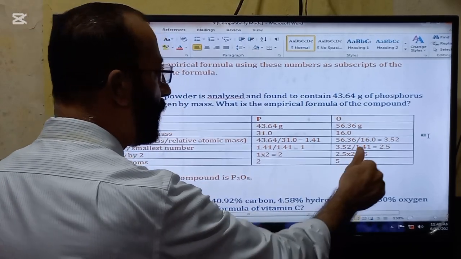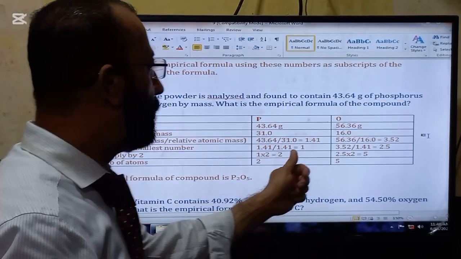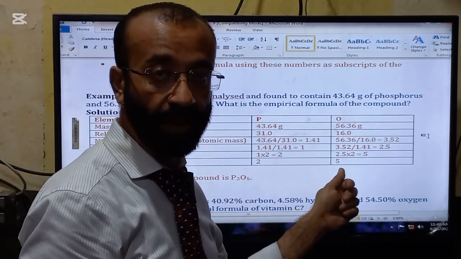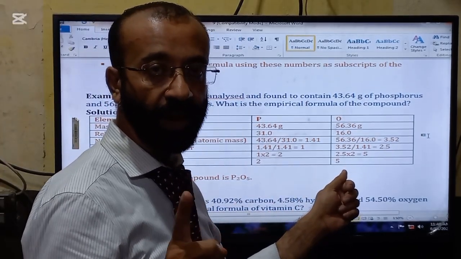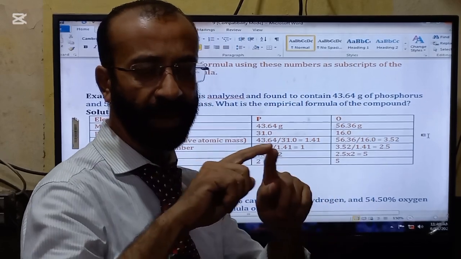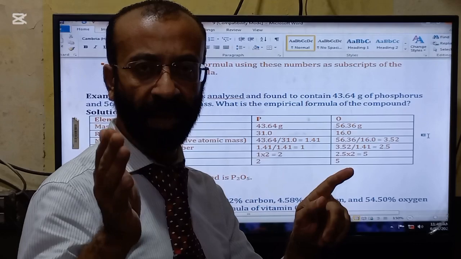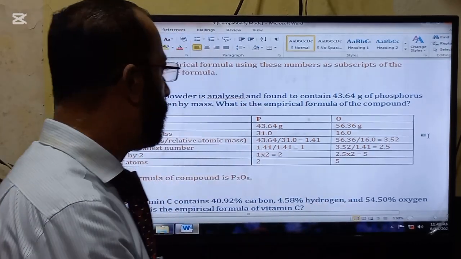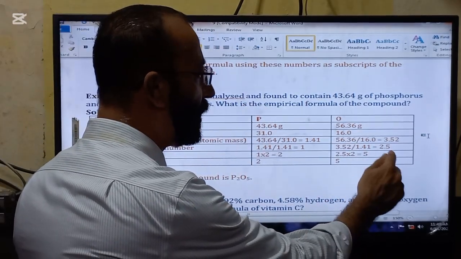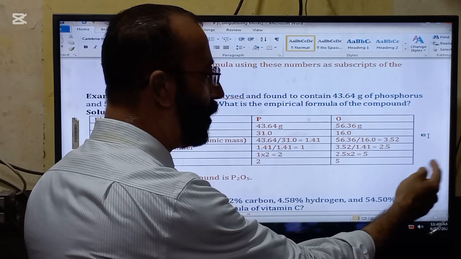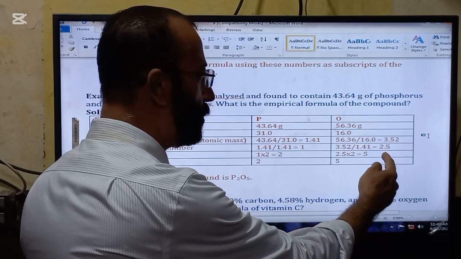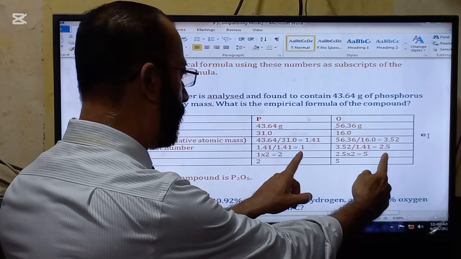At this step, you may see the numbers are not whole numbers. If the numbers are not whole numbers, multiply them by a number so that they become whole numbers. Because 2.5 can become a whole number by multiplying it by 2, multiply both numbers by 2.